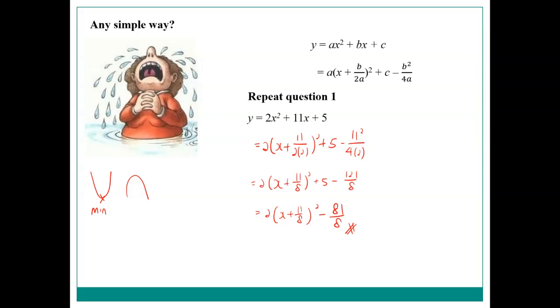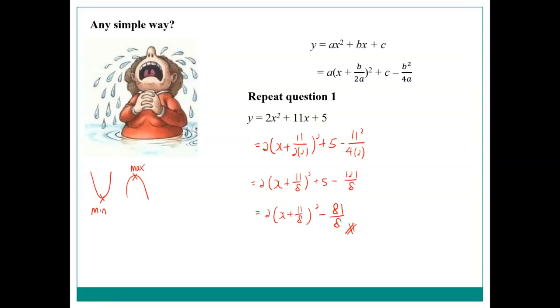And for an N-shaped quadratic equation, it has a maximum point. By looking at the general form, we cannot identify where the maximum or minimum point is. But in completing square form, we can identify the max or the min point.